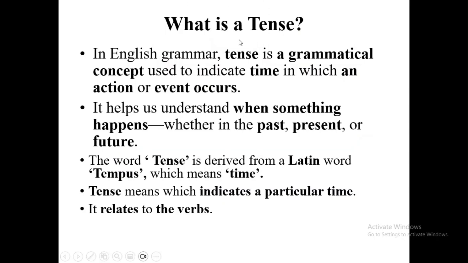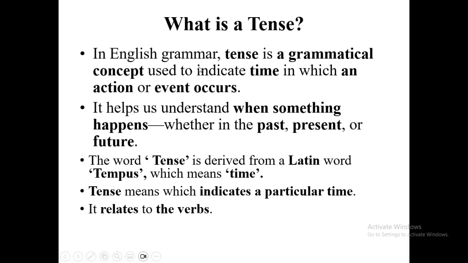What is a tense? Generally in English grammar, tense is a grammatical concept. It is a grammar concept which is used to indicate time. Tense indicates or shows the time in which an action or event occurred.